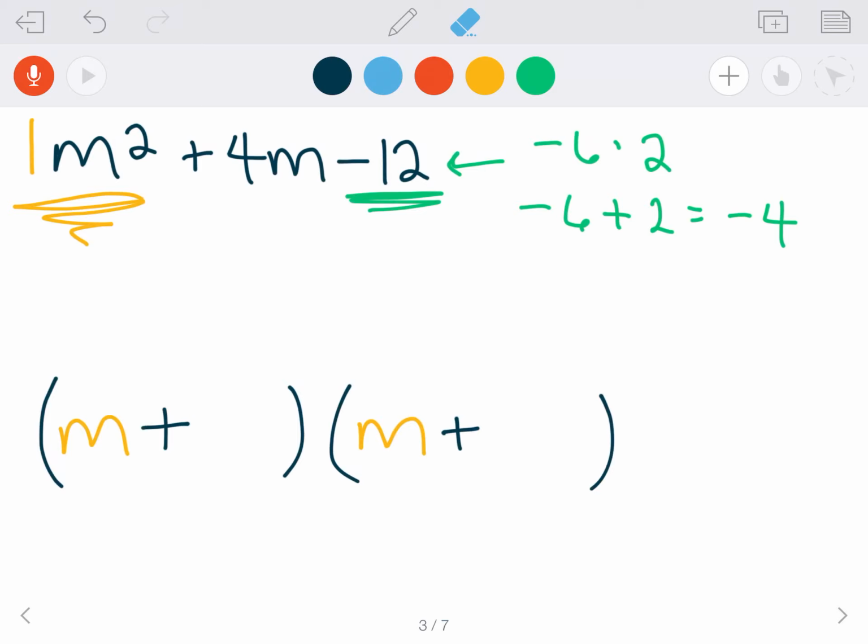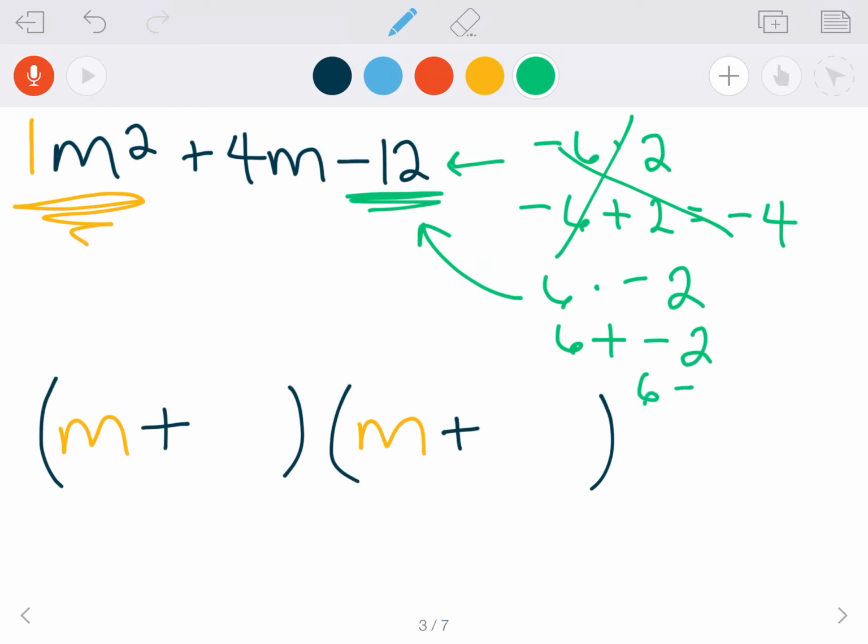What if instead of negative 6 and positive 2, we did positive 6 times negative 2. So if we multiply those, we still get negative 12. But if we add them, 6 plus negative 2, it's the same as 6 minus 2. Yes, that is positive 4, which we have here. Good.